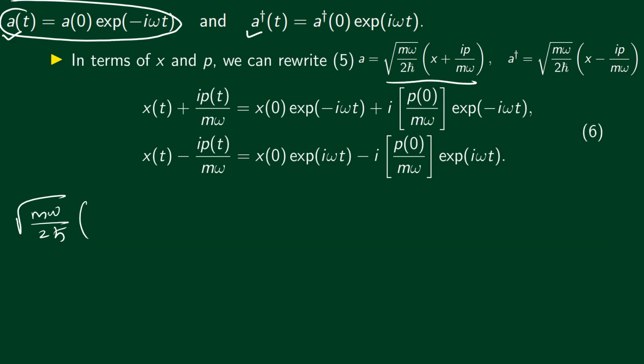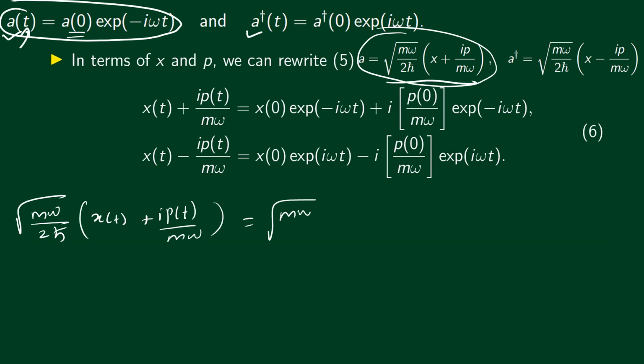We are just substituting a by this expression. But a here is evaluated at time t, so we'll have x(t) plus ip(t) divided by mω. And on the right side, we have a(0), which is square root of mω divided by 2ħ.